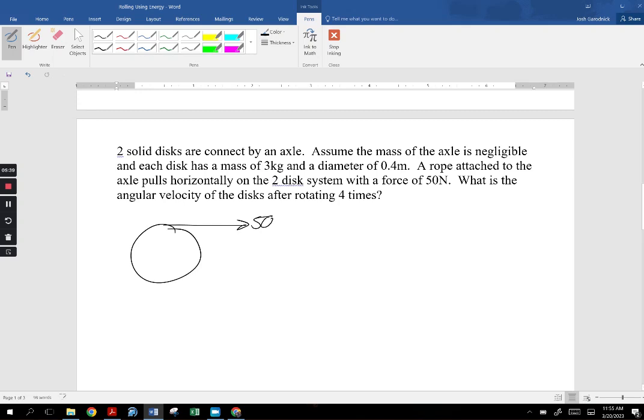We have two solid disks and a rope that pulls with 50 newtons. All right, well, first of all, we're going to need to get the total moment of inertia. So I total is just, there's two disks, and they have the same mass and same radius. So it's just going to be twice 1/2 mr squared.